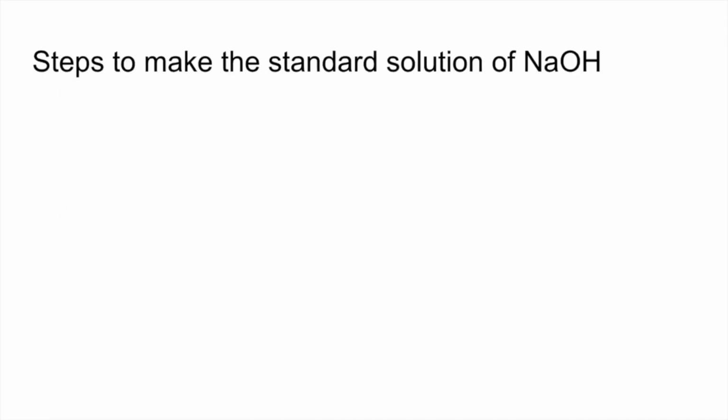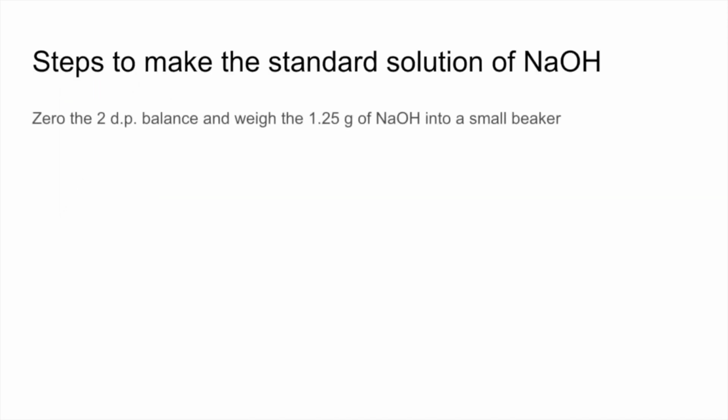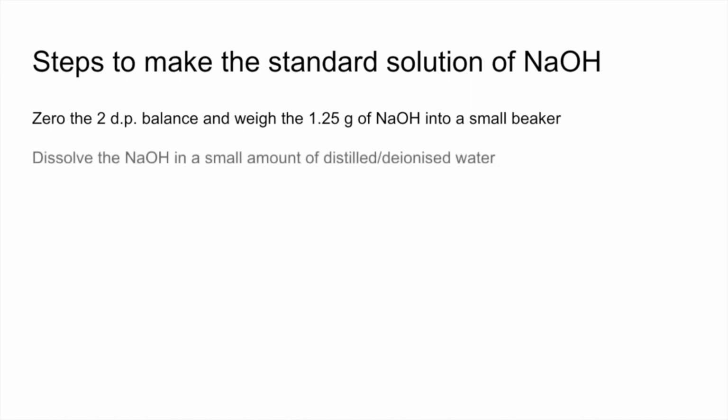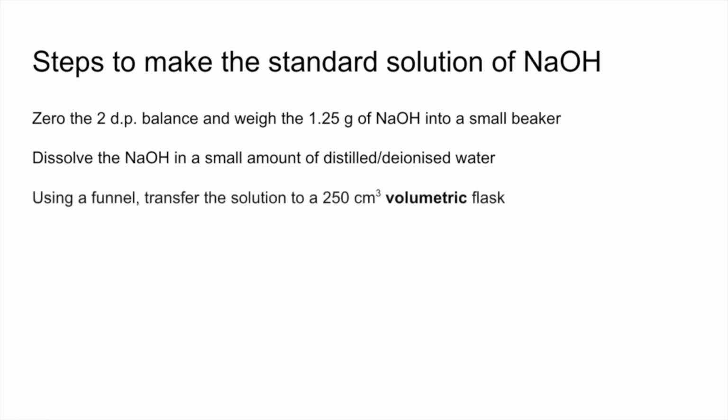Now that I know that this is the mass I need, what do I do next? Step 1, I will zero to 2 decimal places my weighing balance, and then I will measure 1.25 gram of sodium hydroxide into a small beaker. Step 2, I will dissolve the sodium hydroxide in a small amount of distilled water or deionized water. Step 3, using a funnel, I will carefully transfer the solution to a 250 ml volumetric flask.